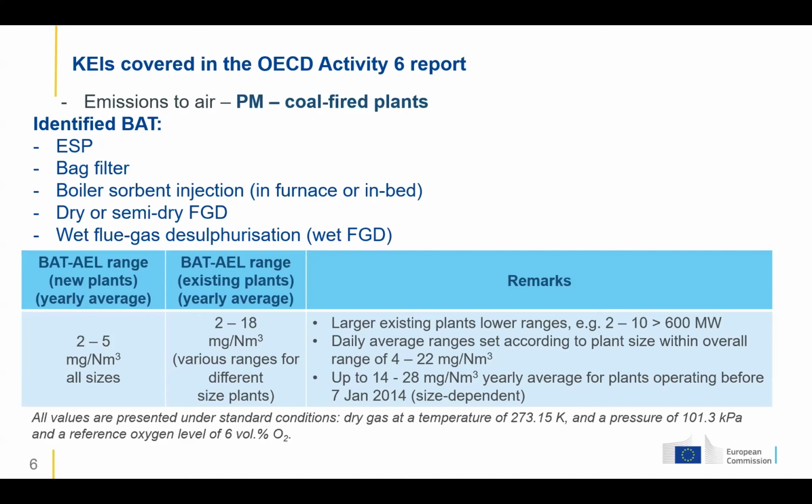Of course, for all ranges I'm presenting in this presentation, all values refer to standard conditions, that means dry gas at a temperature of 273 Kelvin and a pressure of 1 atmosphere, and expressed at a reference oxygen level of 6%. Next slide, please.